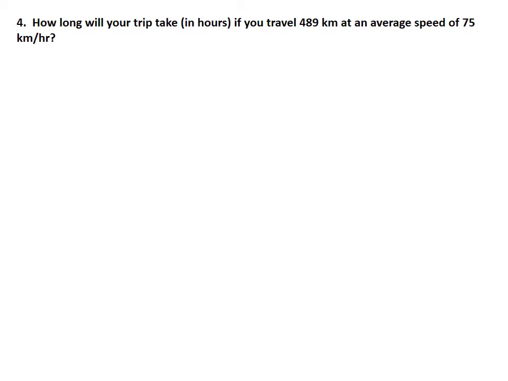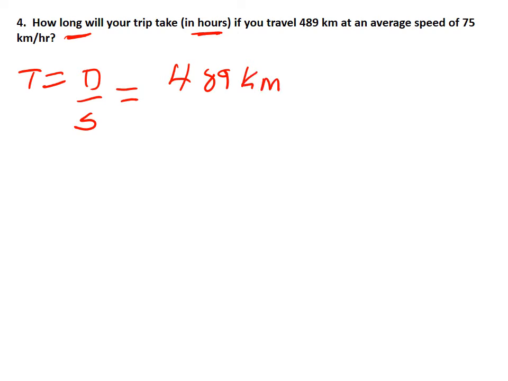On number 4, it says, how long, keyword, will your trip take in hours if you travel 489 kilometers at an average speed of 75 kilometers per hour? So we're solving for time. How long is time, because it gives you a hint here, hours. So time is equal to distance divided by speed. The distance is 489 kilometers divided by a speed of 75 kilometers per hour.